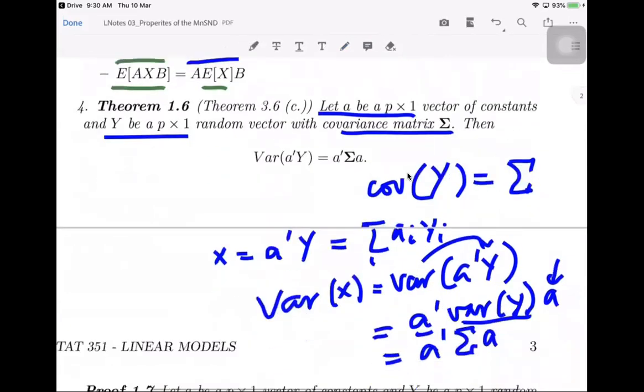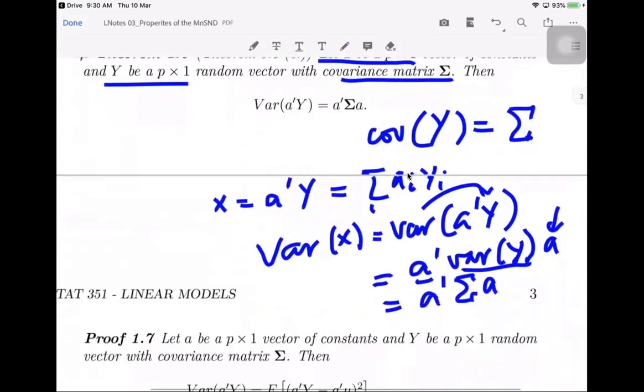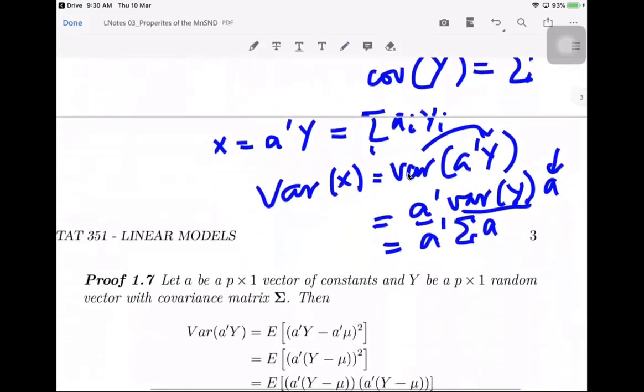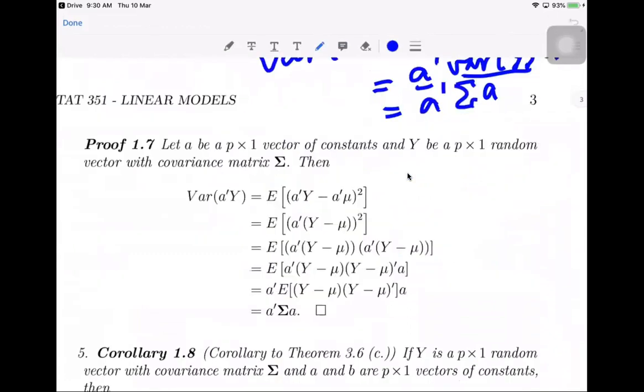So for the proof, we use the usual definition of variance. Again, if you recall, the variance of X is equal to the expectation of X minus mu quantity squared.